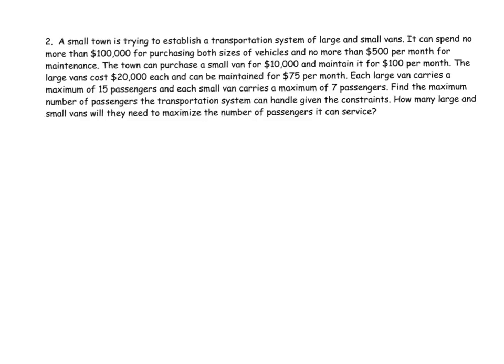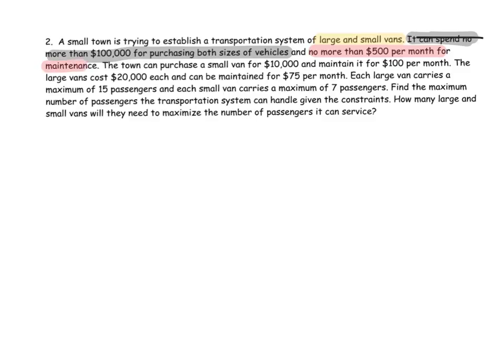Problem 2: a small town is trying to establish a transportation system of large and small vans. It can spend no more than $100,000 for purchasing both vans and no more than $500 per month for maintenance.